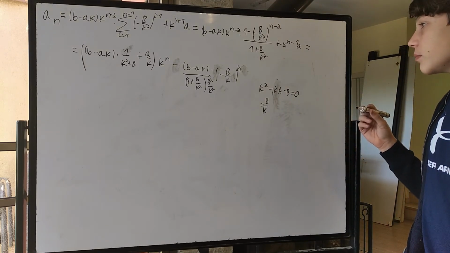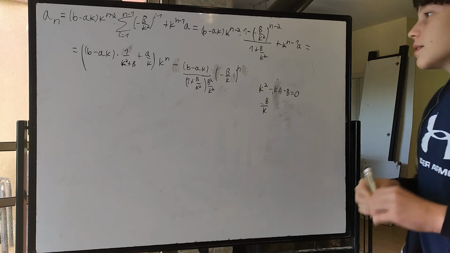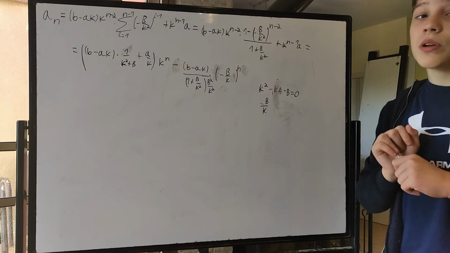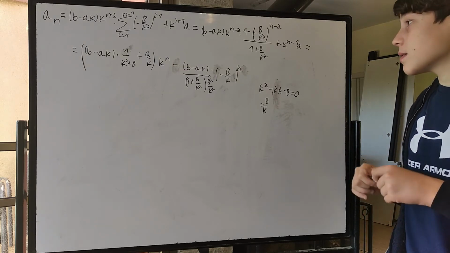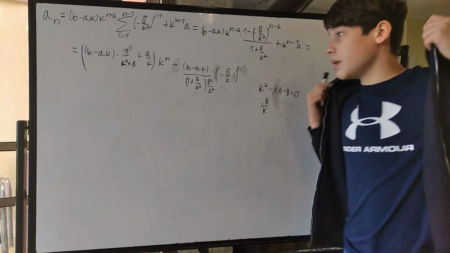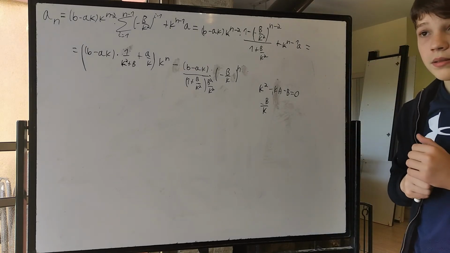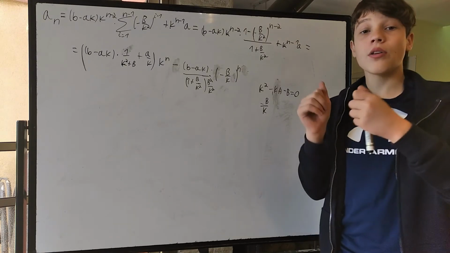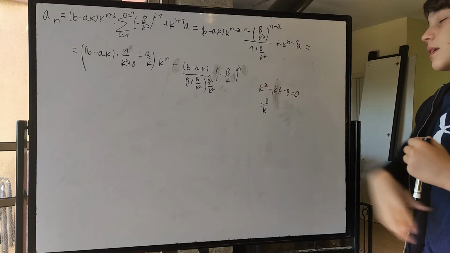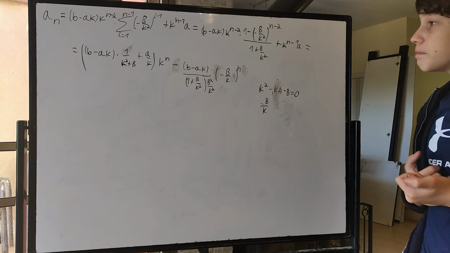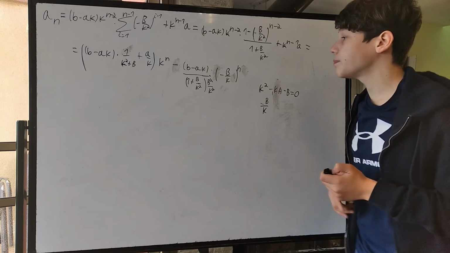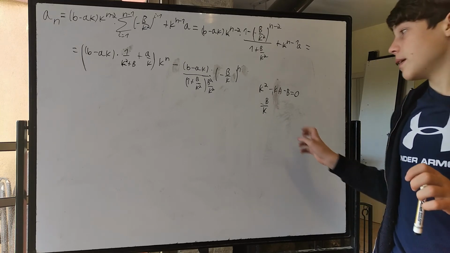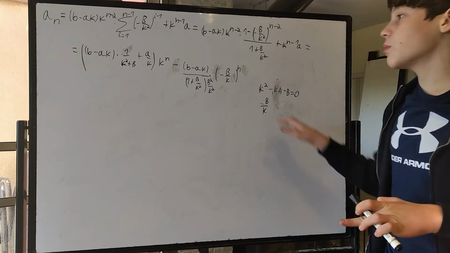And so we actually get that this is the first root, this is the second root. And we chose k to be one of those roots. But we, at the same time, could have chosen the other root of this polynomial, or the second solution to this equation, and we would have gotten the same thing. k would have instead been negative b over k, and we would have gotten the same thing.